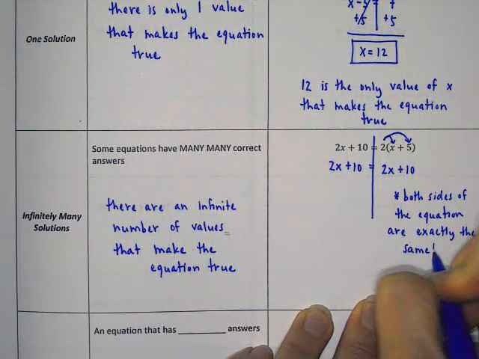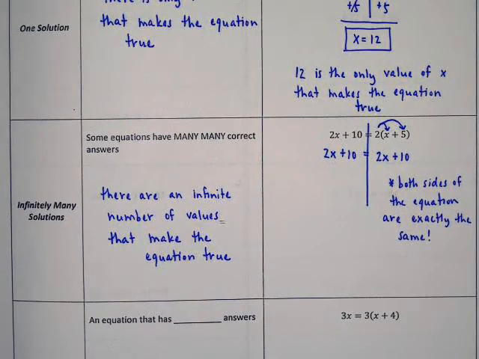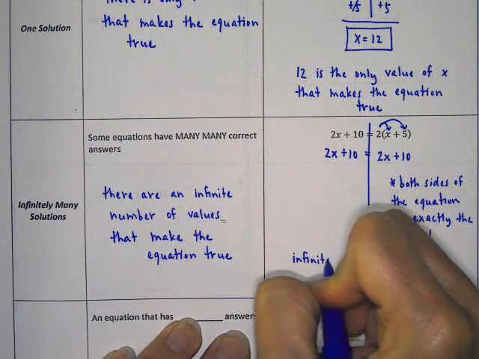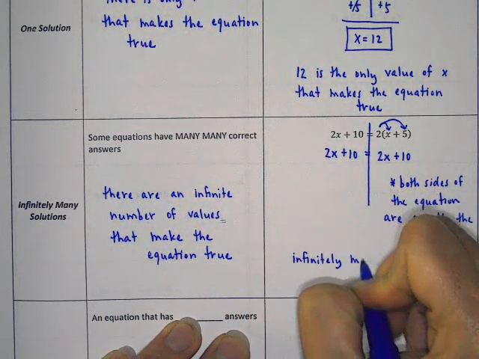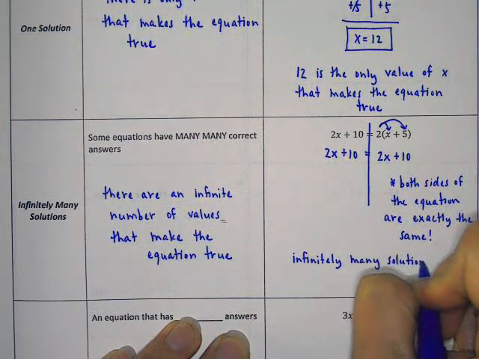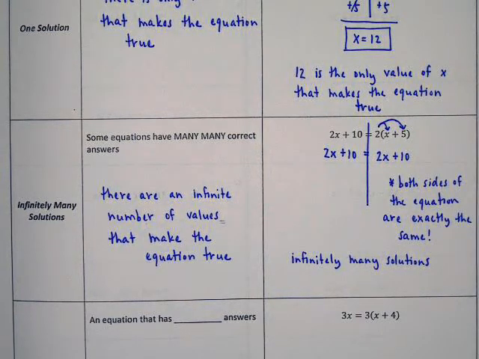When that happens, when we notice that both sides of the equation are exactly the same, we say that equation has infinitely many solutions. Because no matter what we plug in for x, we're always going to get the same value on both sides of the equal sign because they're exactly the same.